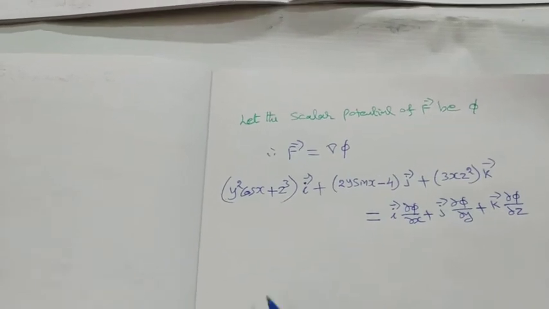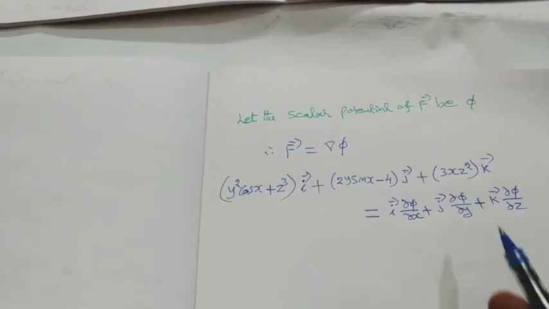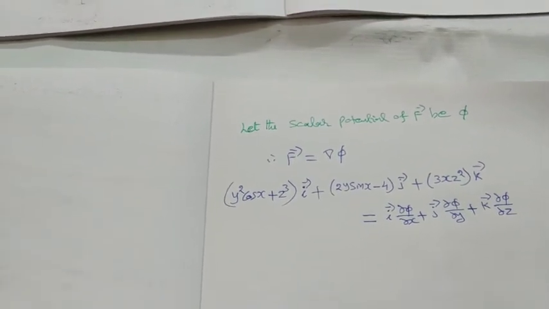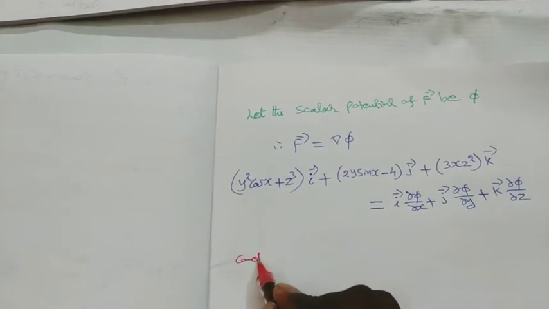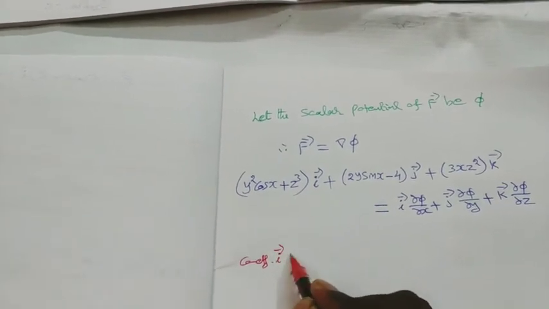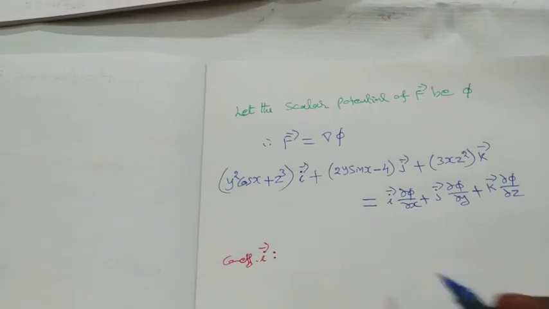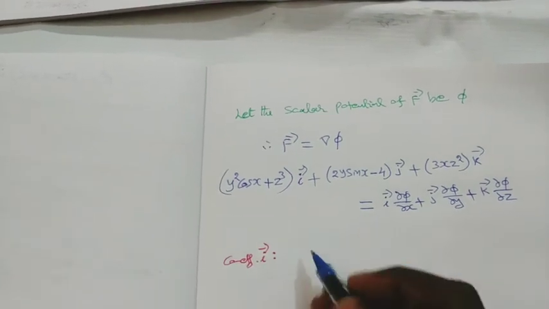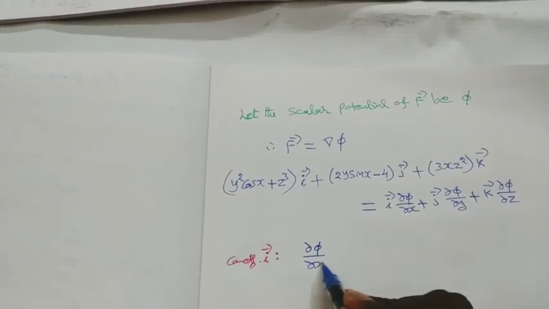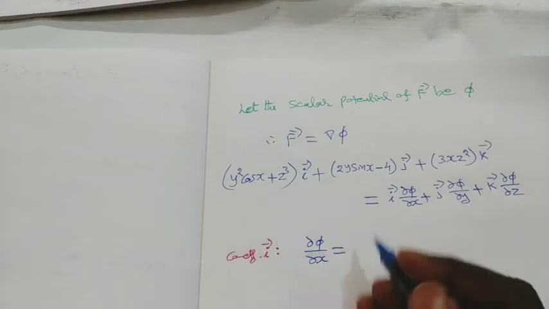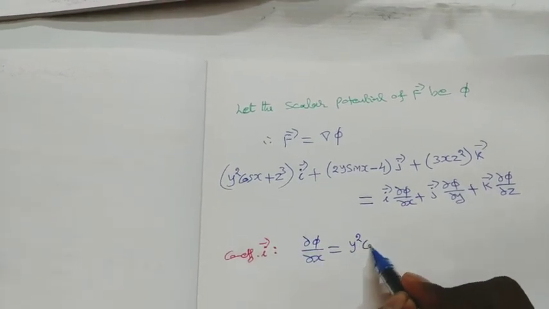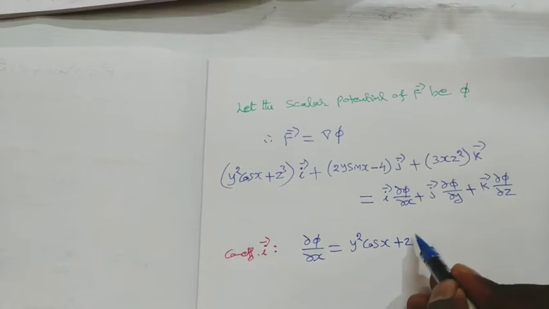Okay, now I am going to equate the coefficient of i, j, k. So first I am going to equate the coefficient of i vector. So what is the coefficient of i vector? I vector coefficient is ∂phi/∂x. Here i vector coefficient is y² cos x + z³.